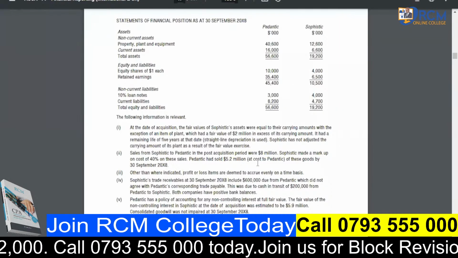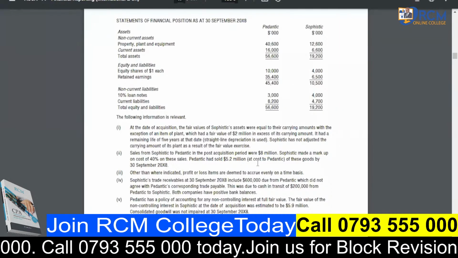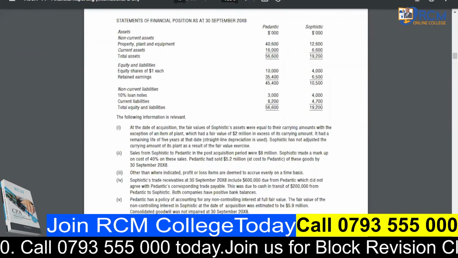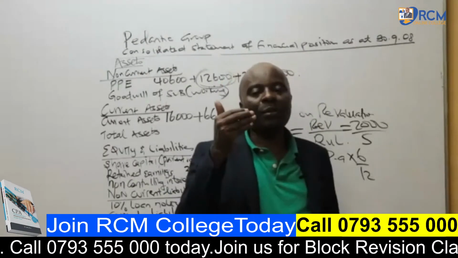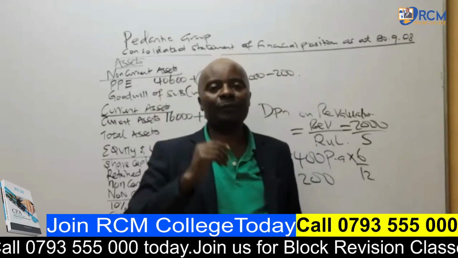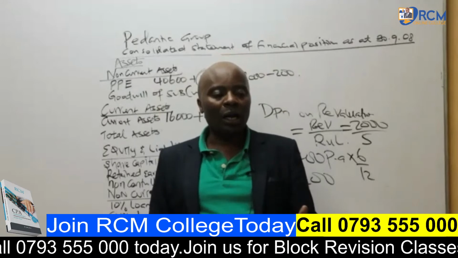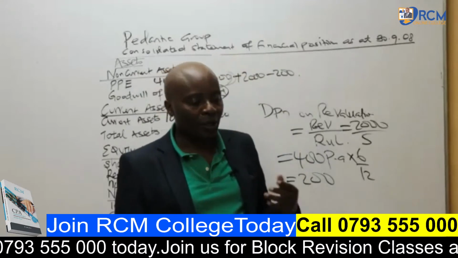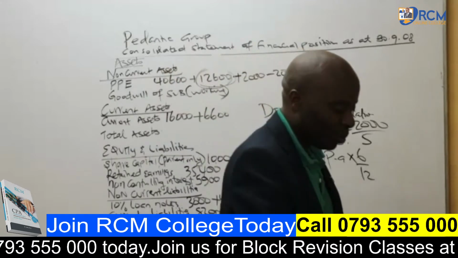We are told the sophistic made a markup on cost of 40%. In group consolidation, when I see the word markup, I should know that markup is an enemy of progress. Markup is an enemy of who? Of progress. Markup is an enemy of progress.